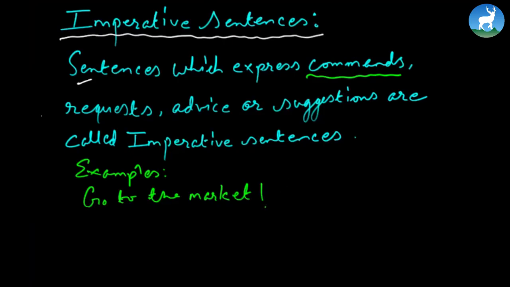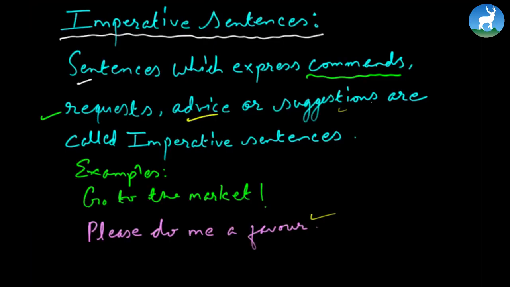Next thing is request. When you request somebody, like for instance, please do me a favor. Please do me a favor. A request. Whenever a sentence expresses a request, it becomes imperative. Or advice, or suggestions. So what are advice and suggestions?